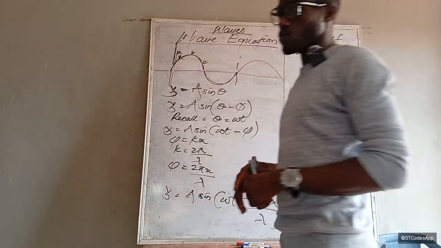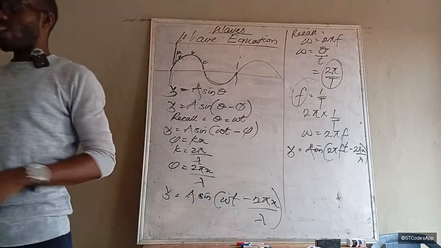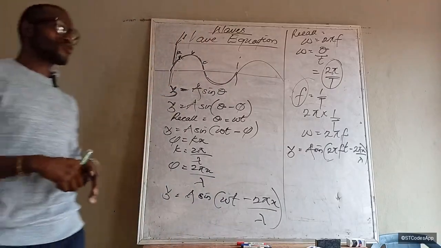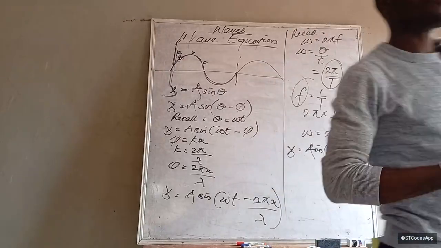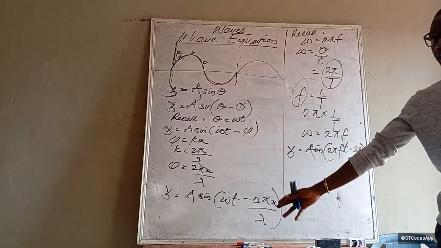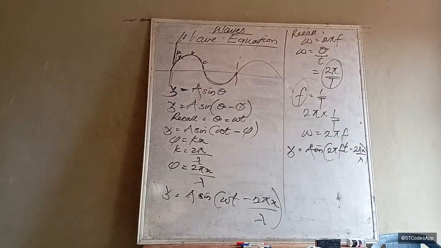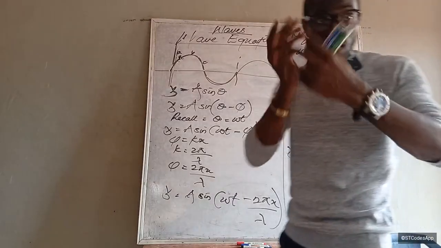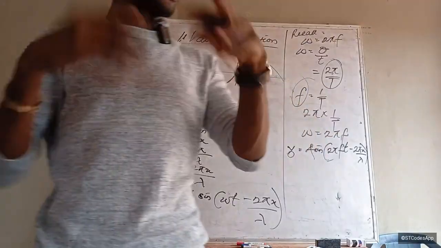Are you following? You know why I like you to know how to derive this thing? Here's the reason. Students often forget the formula. I don't want you to just cram it. You know how the derivation goes. Once you get home, try the derivation yourself over and over again.